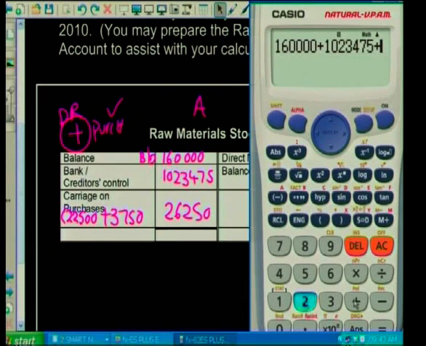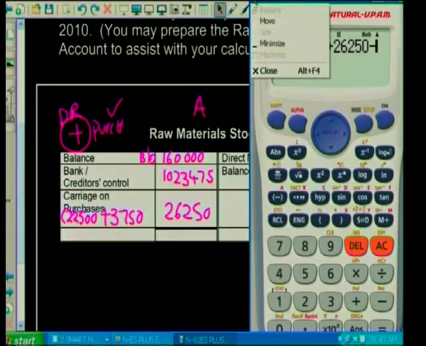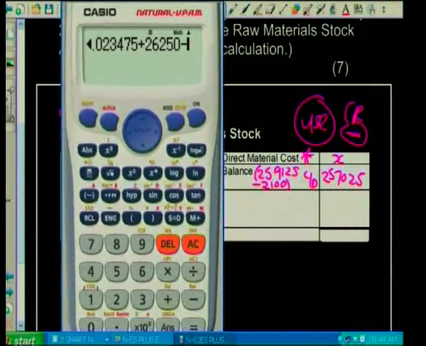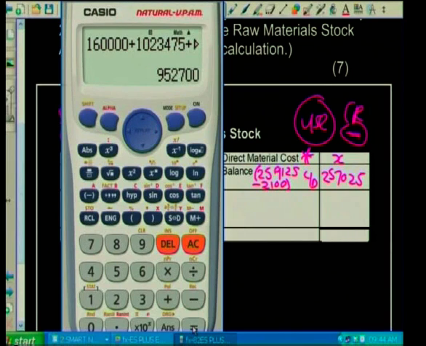We are then adding 26,250, and then we're going to subtract the item that we've got on the credit side, this amount that we've just calculated, 257,025, to get the direct material that was used to make these 20,000 pairs of shoes, an amount of 952,700.